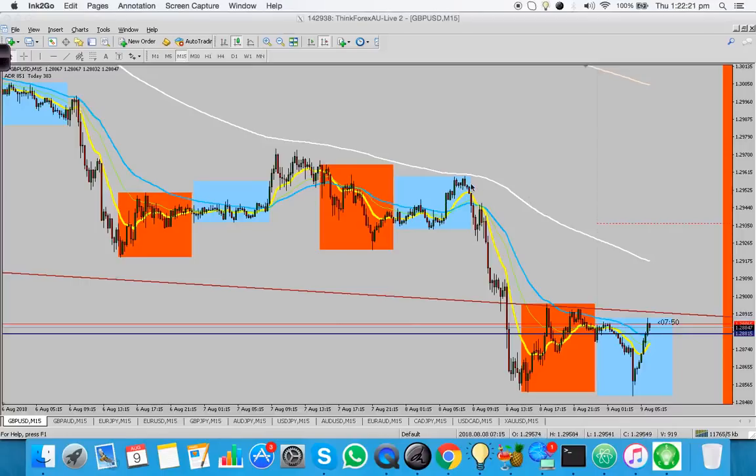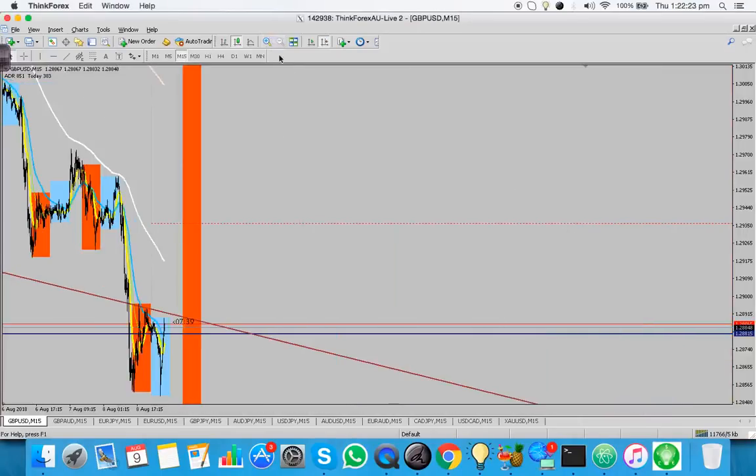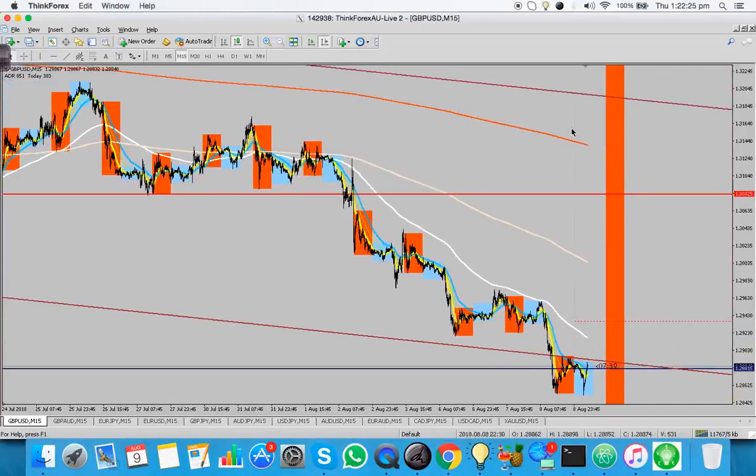You also want to be able to see when you're zooming out that the EMAs line up. So we've got the EMA 200 on the 4-hour chart. We've got the EMA 200 on the 1-hour chart. We've got the EMA 200 on the 15-minute chart. And then we've got the EMA 50 sitting here as well. You want them to line up, okay? And that's going to give you more of a confirmation that, yes, we're in somewhat of a trend, okay?